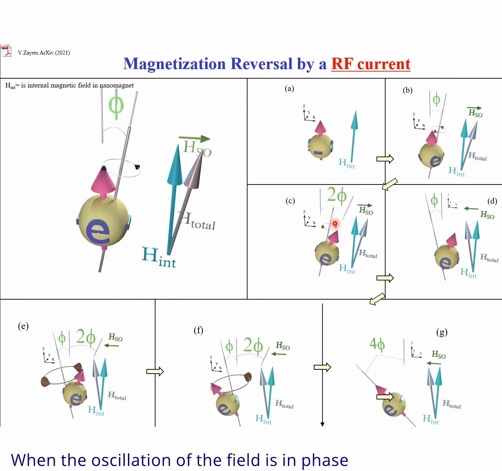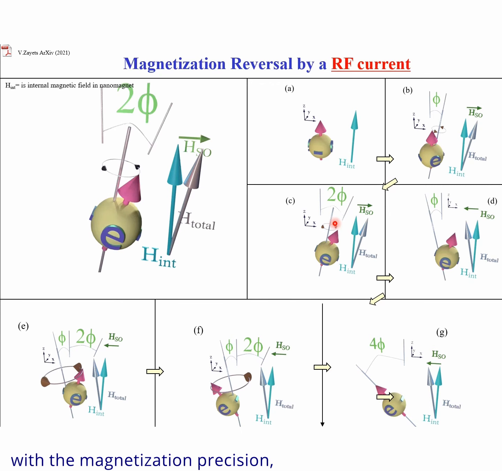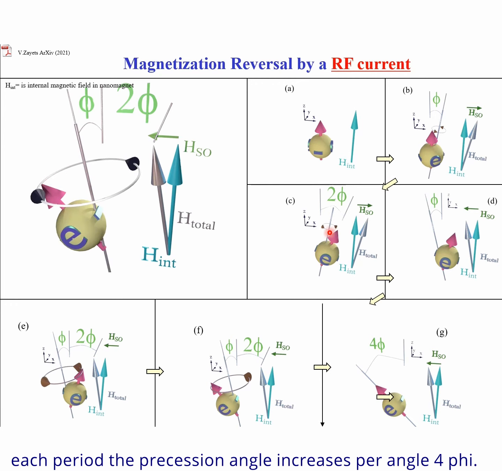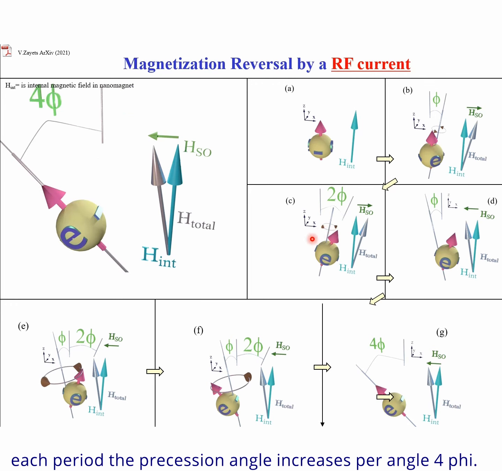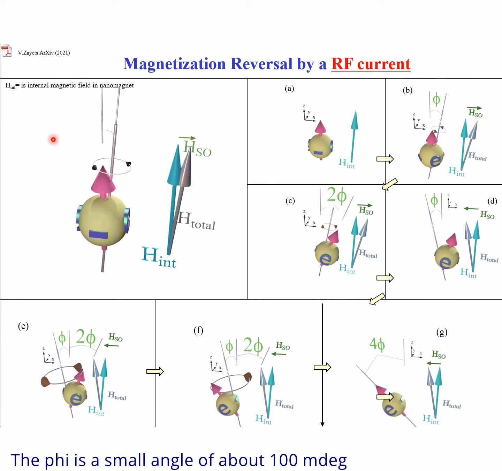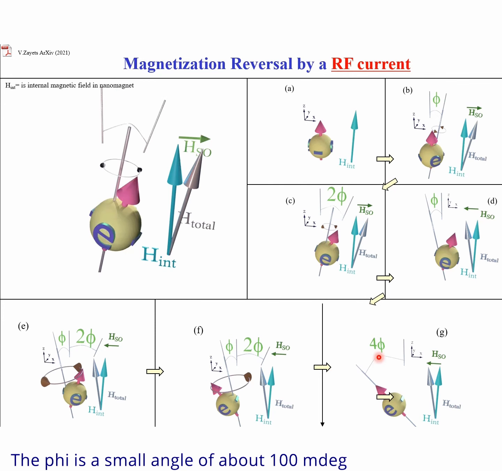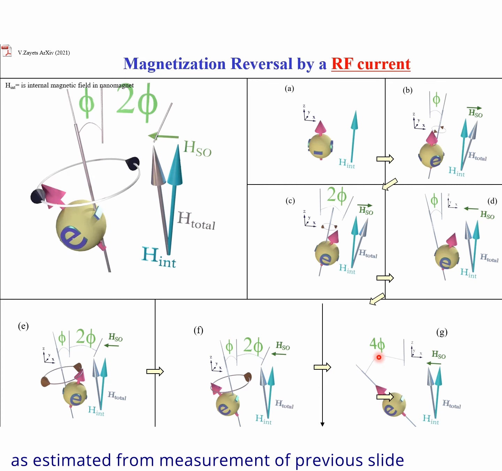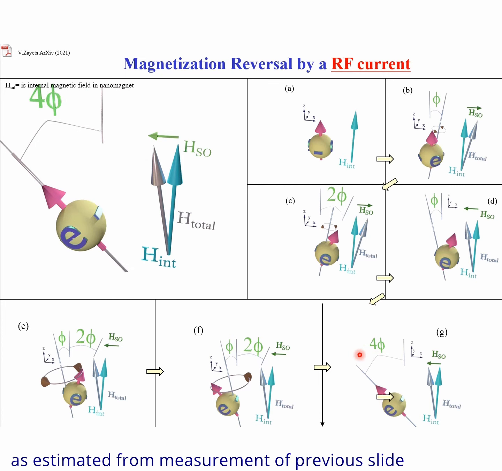When the oscillation of the field is in phase with the magnetization precession, each period the precession angle increases by an angle phi. The phi is a small angle of about 100 milli-degrees, as estimated from the measurement on the previous slide.